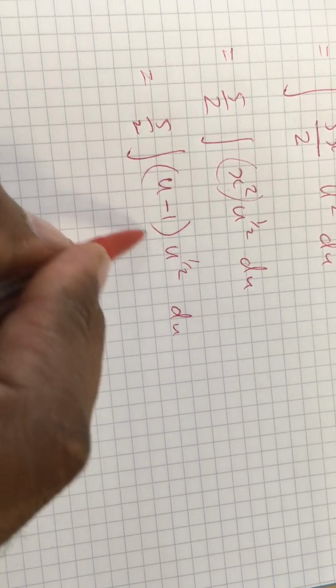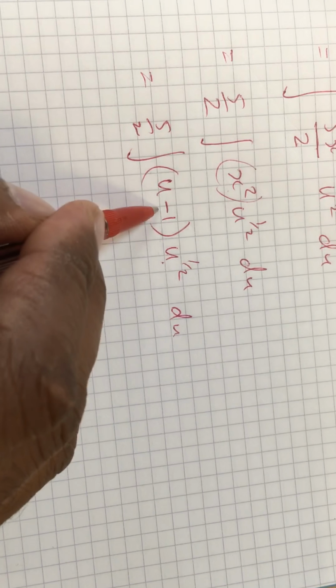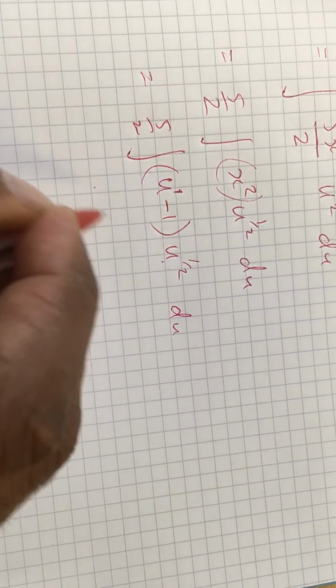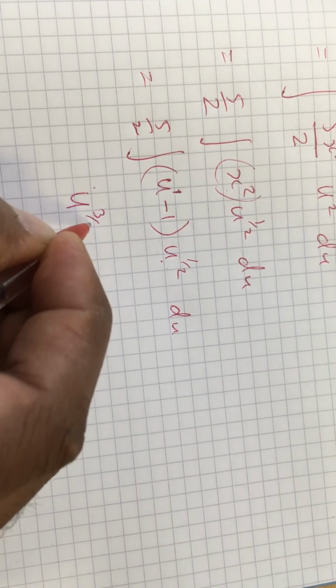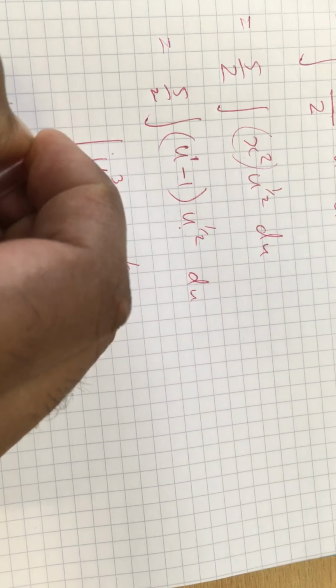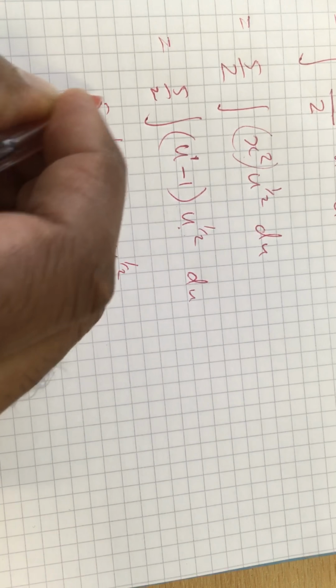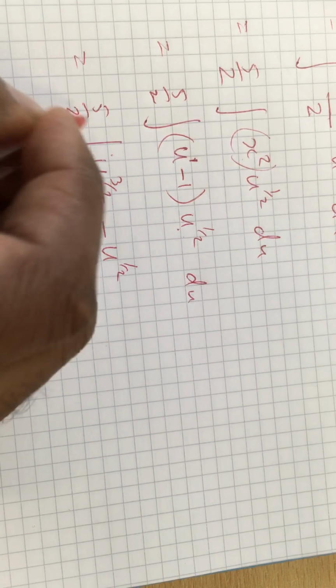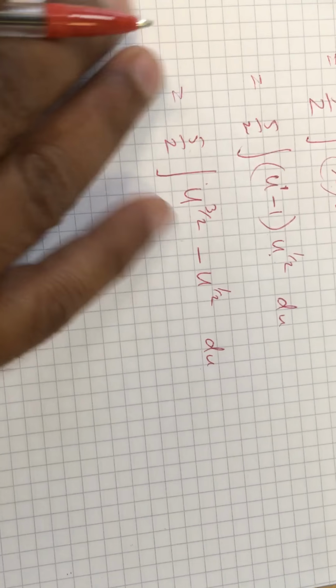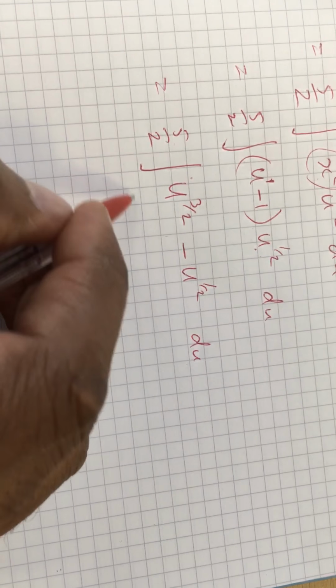Now, if I expand this out, multiplying everything inside the bracket by u to the half, I'll get u to the 3 over 2 minus u to the half, keeping the constant 5 over 2 outside, integrated with respect to u. Now it's just a simple, straightforward integration: add 1 to the power, divided by the new power.